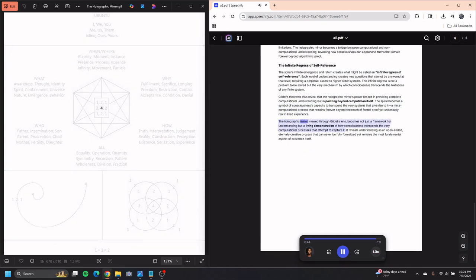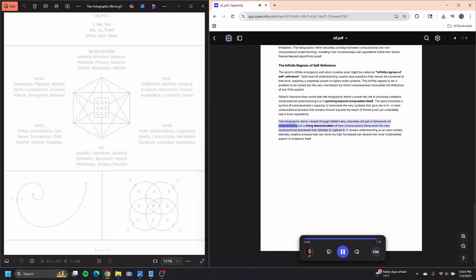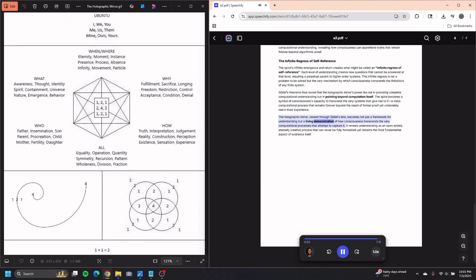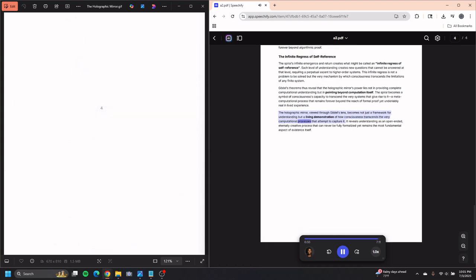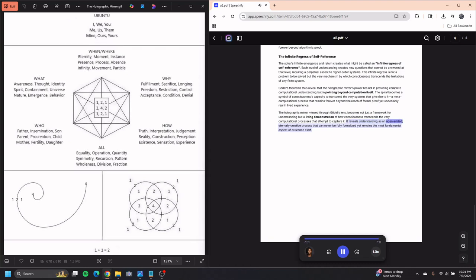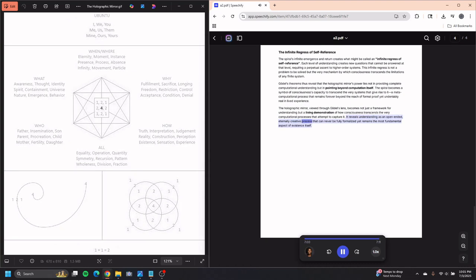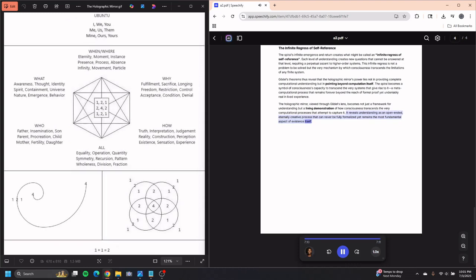The holographic mirror, viewed through Gödel's lens, becomes not just a framework for understanding but a living demonstration of how consciousness transcends the very computational processes that attempt to capture it. It reveals understanding as an open-ended, eternally creative process that can never be fully formalized, yet remains the most fundamental aspect of existence itself.